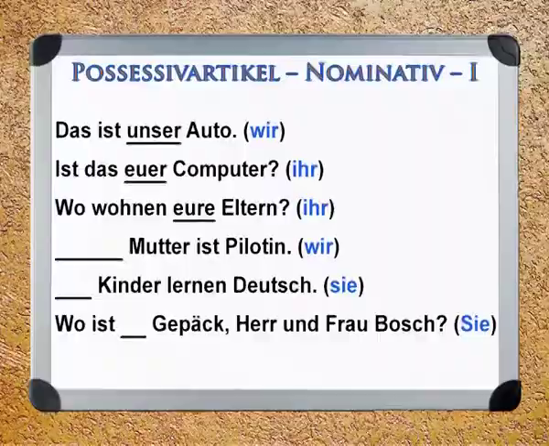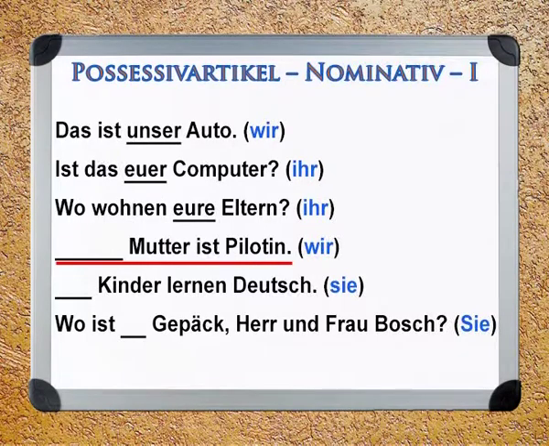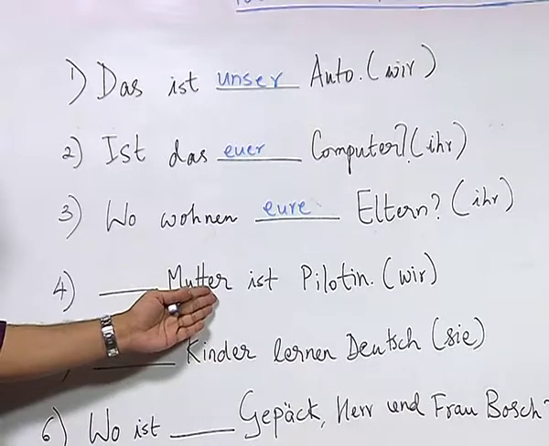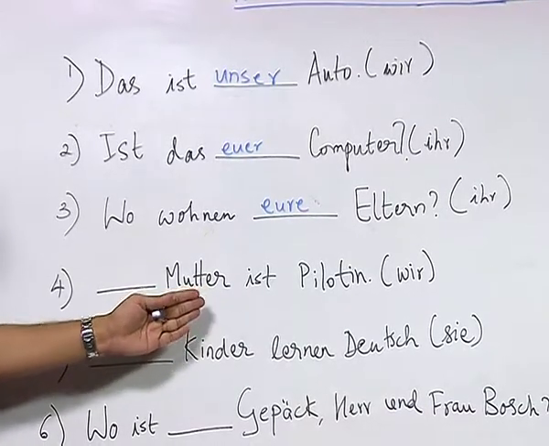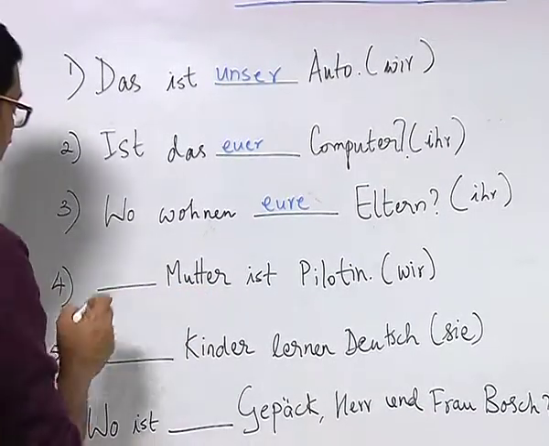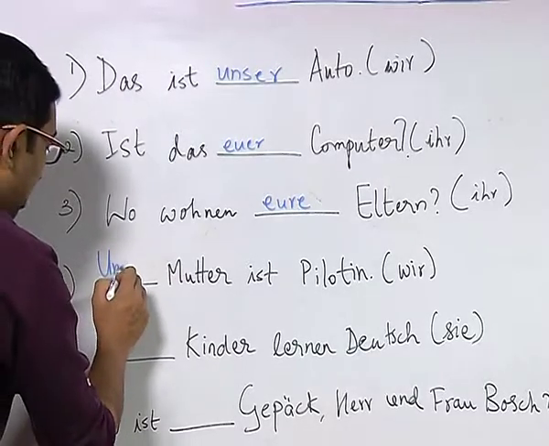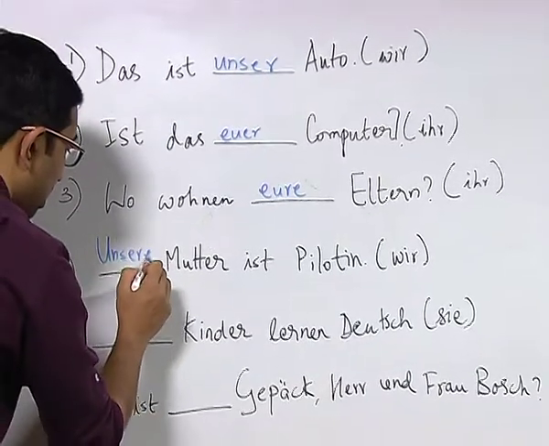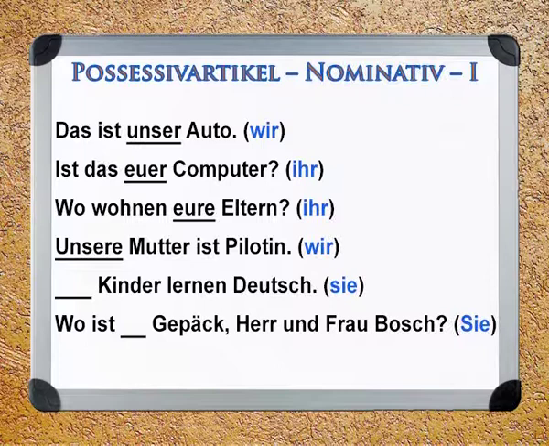Here we have the pronoun ihr, and Eltern, which is in the category plural, we write the possessive article eure. Now, look at this sentence, Mutter ist Pilotin. For the plural pronoun wir, we have the possessive article unser, and the noun Mutter belongs to the feminine gender category. So, we write the possessive article as unsere, and we write capital U here because we begin the sentence.